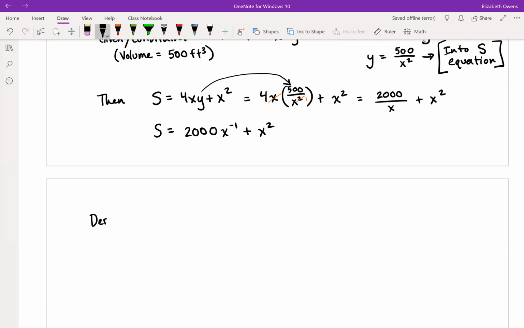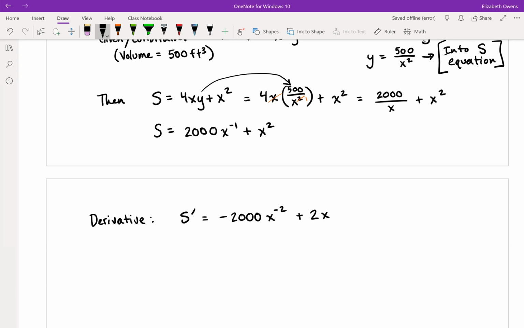All right, derivative S prime. This is the derivative of S in terms of x, dS/dx. So a little bit of power rule here. You'd have negative 2,000 x to the negative 2 power plus 2x.